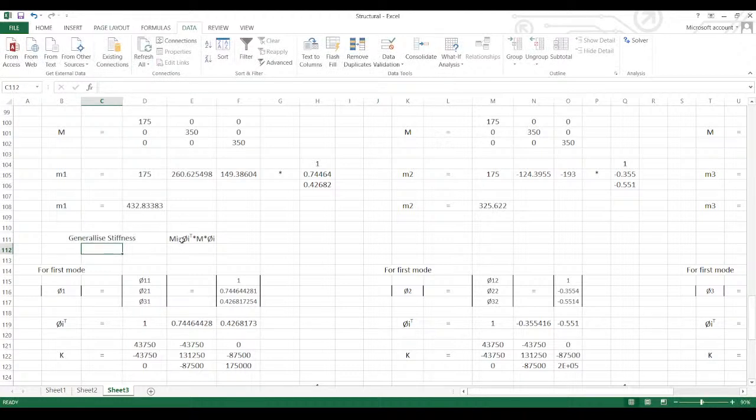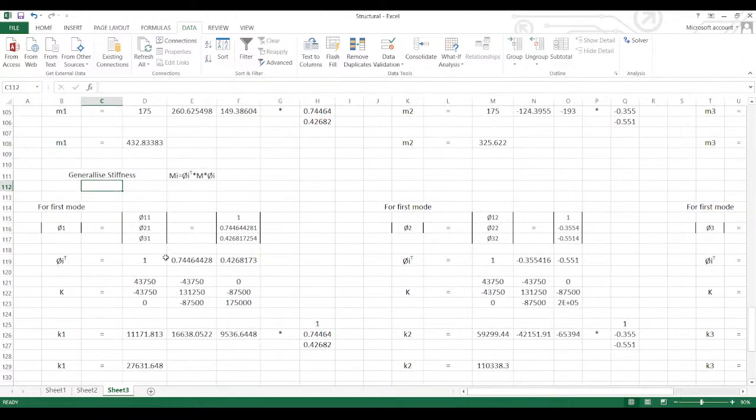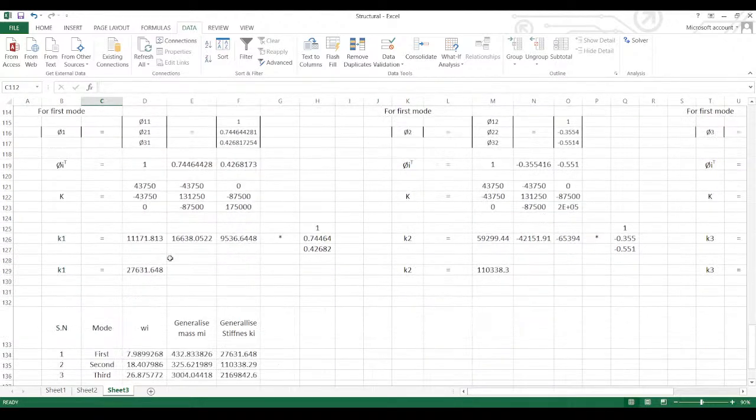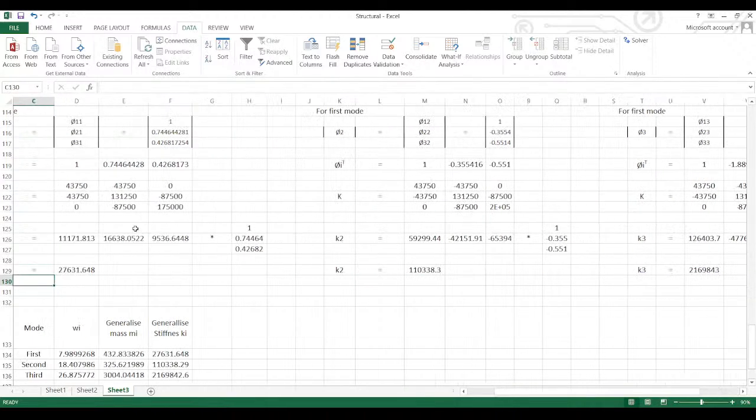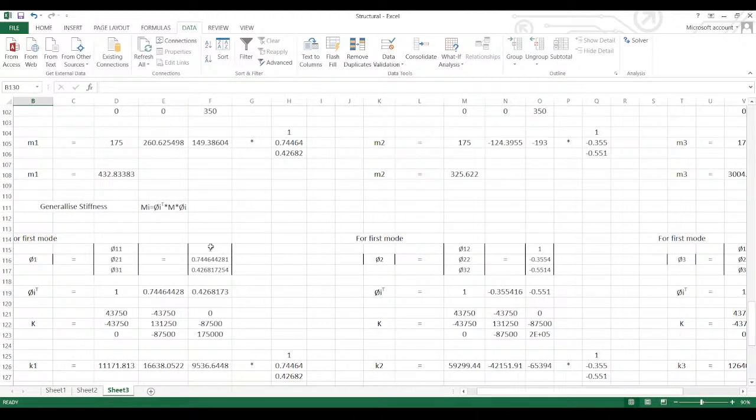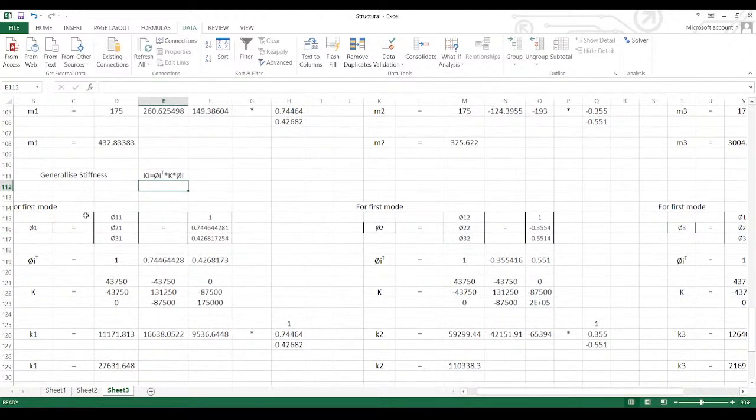Generalized stiffness matrix. Here nothing changes, instead of m, you have put the k matrix, and then you have to calculate phi 1 k.